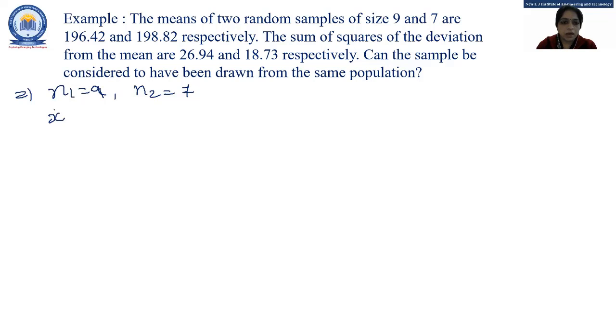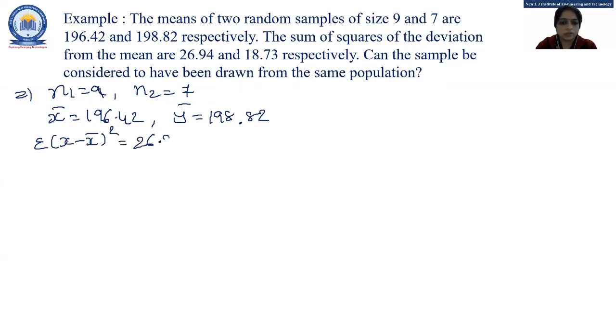And x bar is here 196.42. And y bar for the other sample, the mean is 198.82, right? The next one, the sum of the square of the deviation, sigma x minus x bar the whole square, that is 26.94.